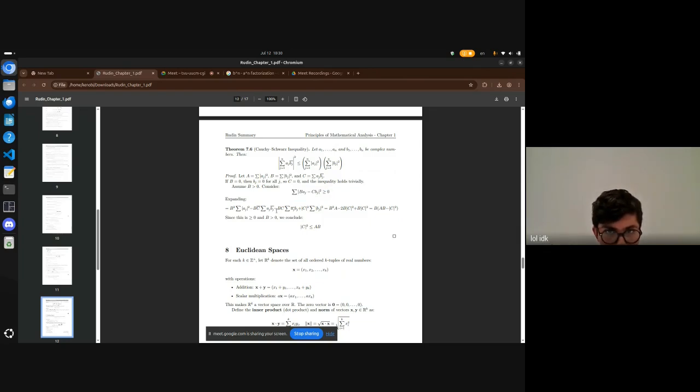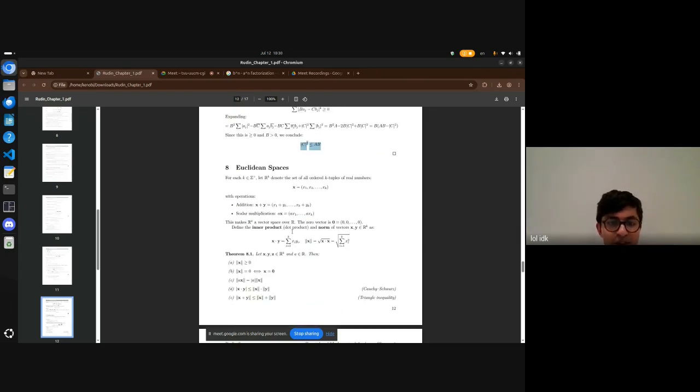Basically the logic over here is that we're adding the number with its conjugate, which should give you 2 times the real value, which is what we get here, 2BC. So we get this expression, which is simplified to this, which we can factorize to this expression. And we know that B is greater than 0, and this expression is also greater than 0. That means this is greater than 0, and it gives you this property over here, which is the Cauchy-Schwarz inequality.